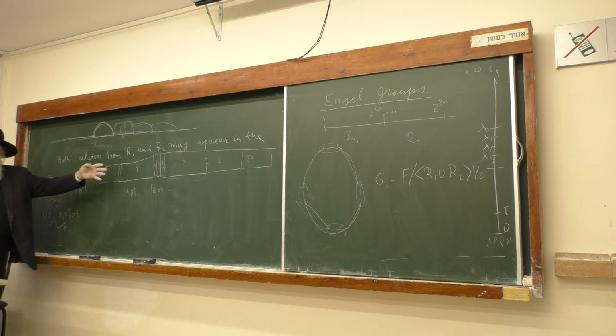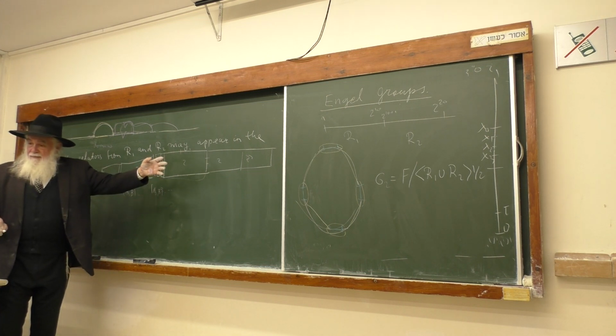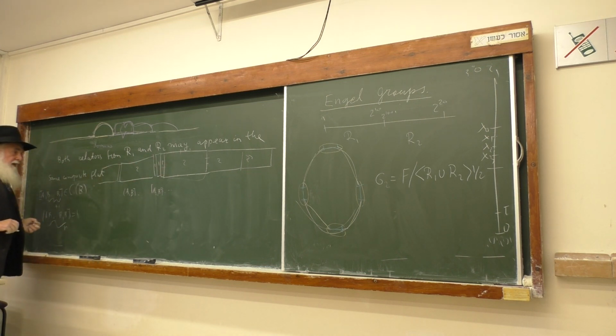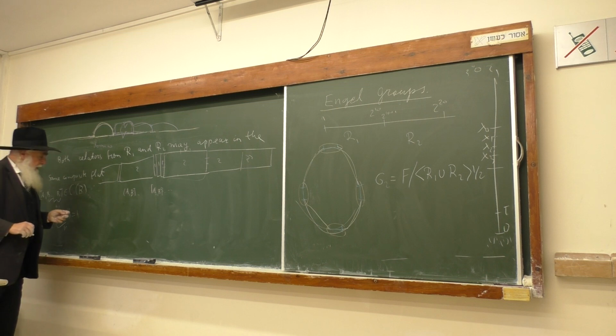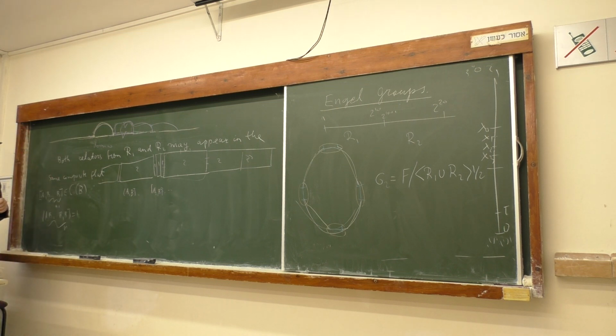And this relator just expresses for variance A. But in this case, the words in the centralizer of B are much longer than B. It could also be a situation where words in the centralizer of B are much shorter than B. How can this happen?